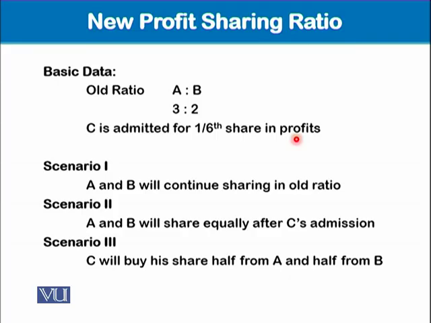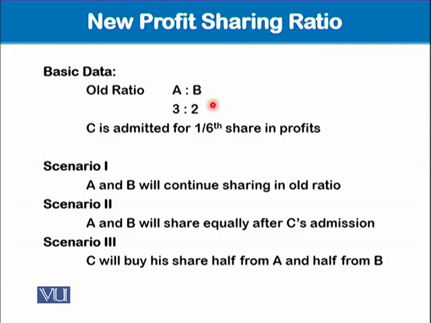Scenario 1 would be that A and B will continue sharing in old ratio. Scenario 2 would be A and B will share equally after C's admission. And scenario 3 is that C will buy his share half from A and half from B. So let's see how we will work out these three scenarios.